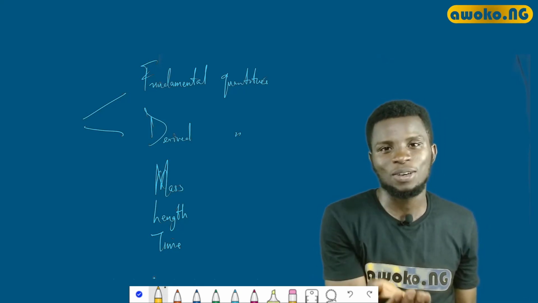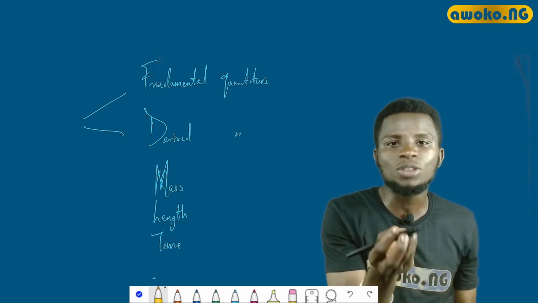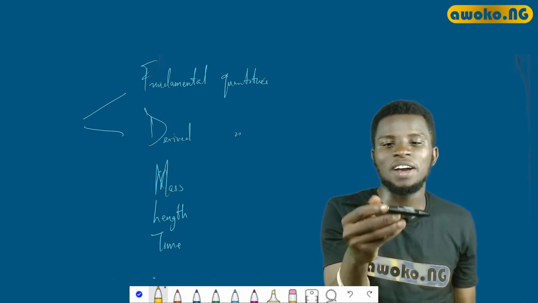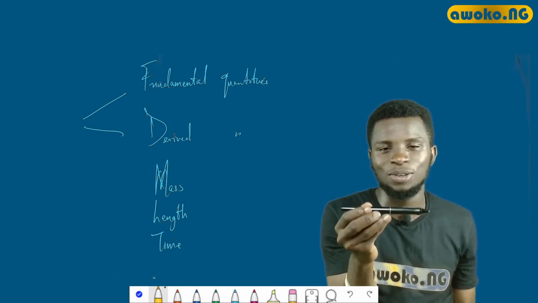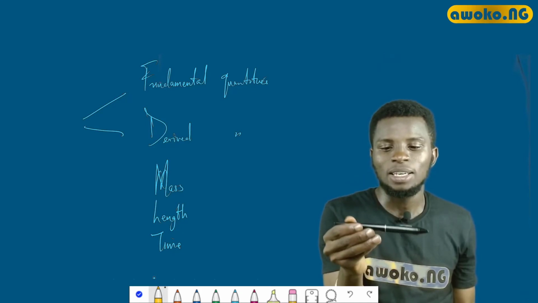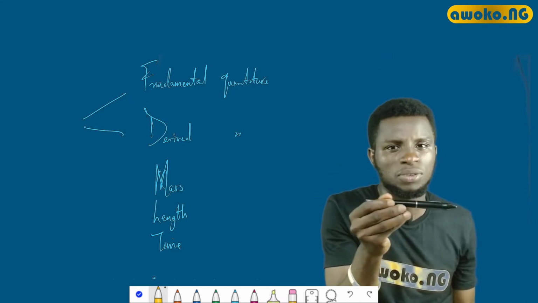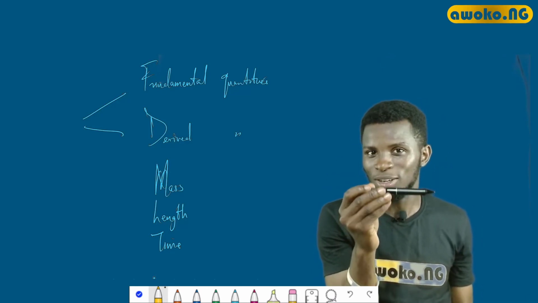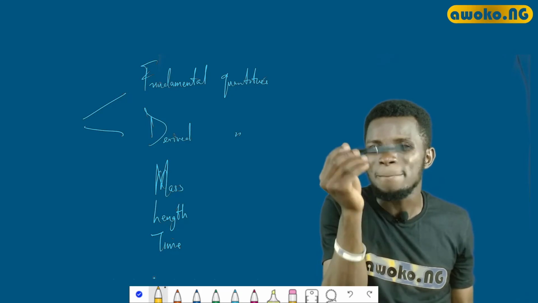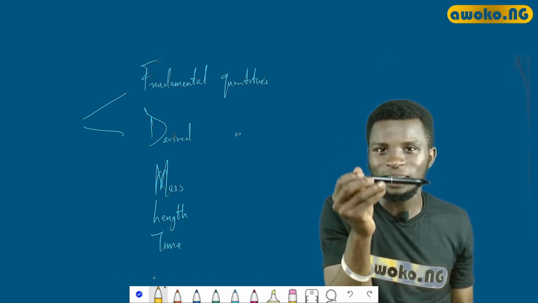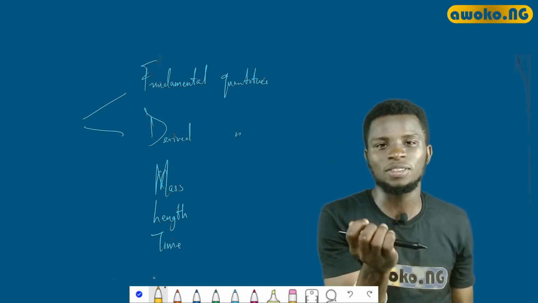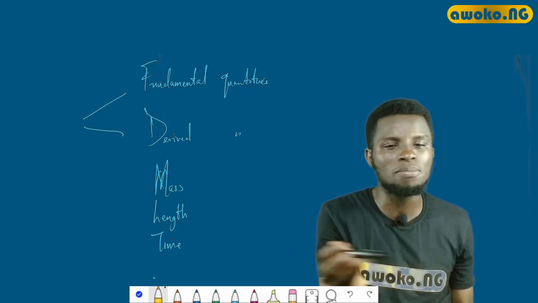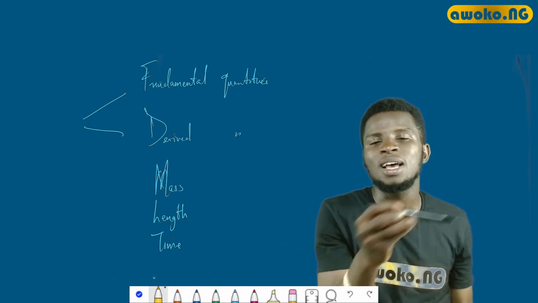Now, the mass of a particular substance tells us the content of that substance. If I have this pen, as you're seeing on your screen, it is made up of little stuffs combined together to form this particular pen. So the stuffs that make up this pen tell you the mass of the pen. We can measure this mass with a beam balance, a weighing balance, and so on.